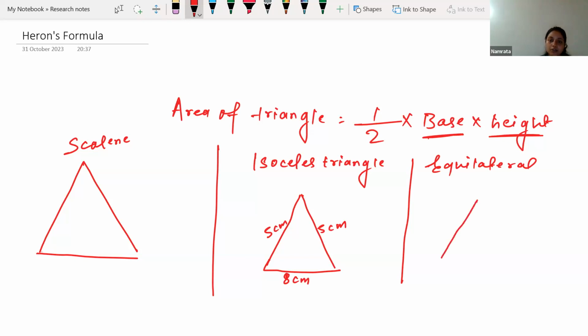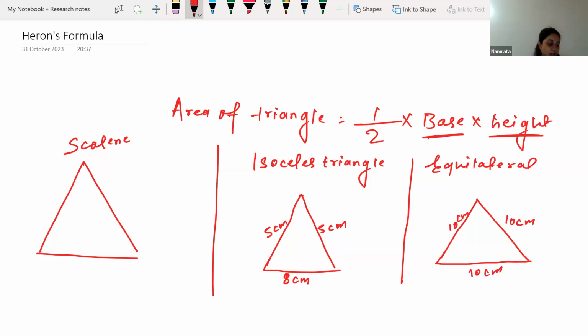Now we have an equilateral triangle where all the sides are the same. So that equilateral triangle has sides 10 centimeter, 10 centimeter, 10 centimeter. Now the scalene triangle.